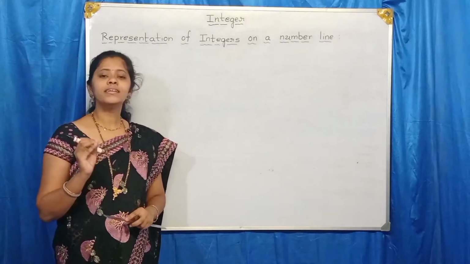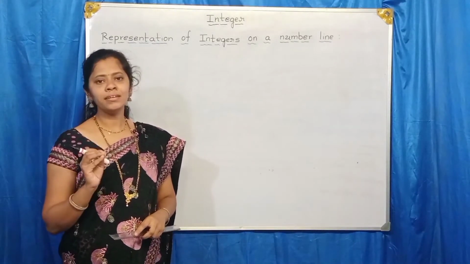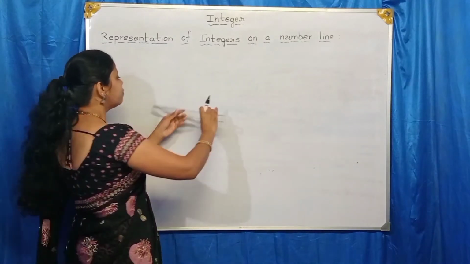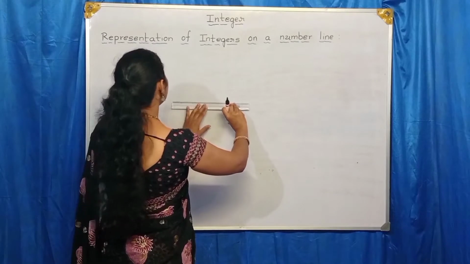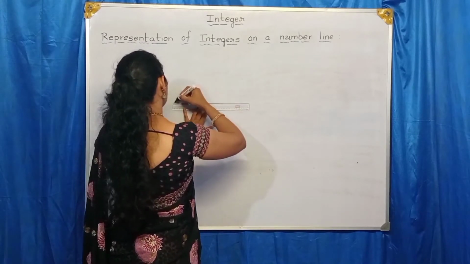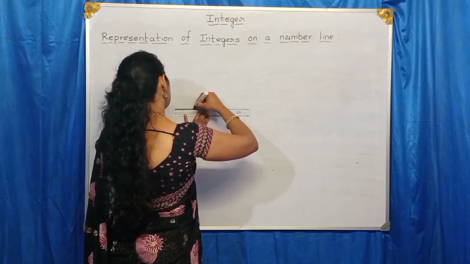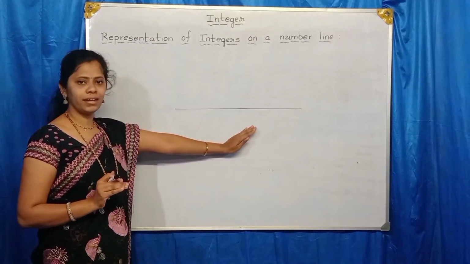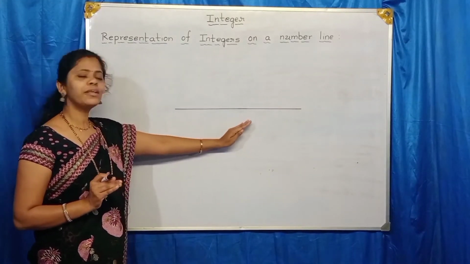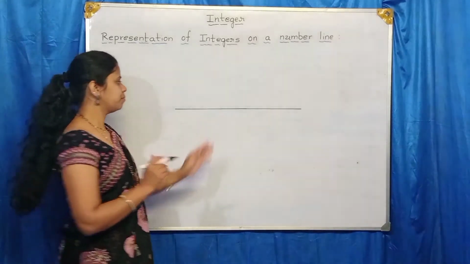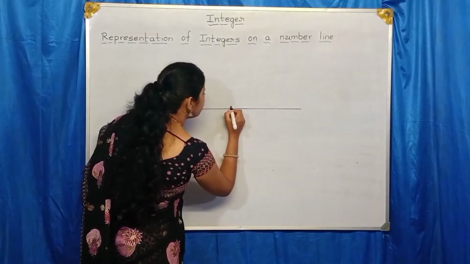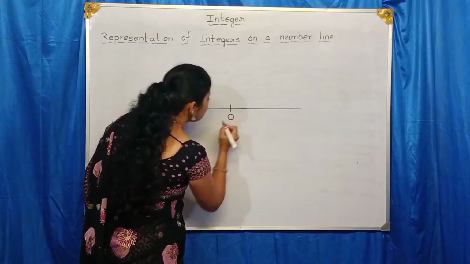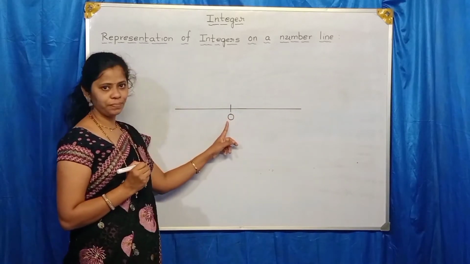To represent integers on a number line, we have to draw a line. First, let's draw a line. We have drawn a line. Now, let me mark a middle point as 0. That is, in a number line, we will mark a middle point as 0.